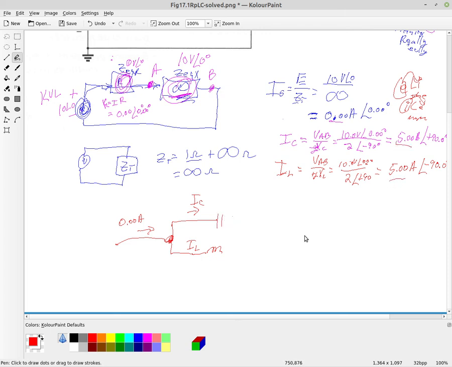So what is happening? Well, if we draw the phasor diagram, right, we have the capacitor is 5 amperes at an angle of plus 90. And then if we draw the inductive, so we start right back here, that's going to be 5 at an angle of minus 90.